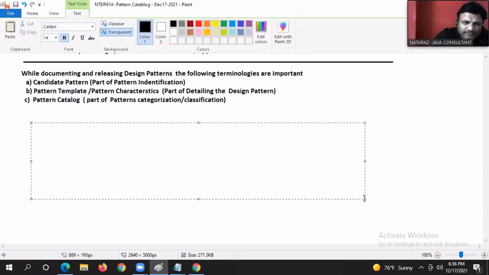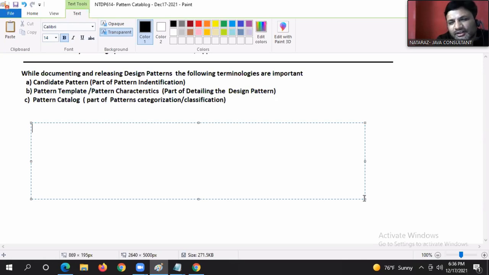Everyone please focus. Forget about Gang of Four patterns, JEE patterns. You are a senior developer. You have a lot of maturity. You decided to document the problems. Okay, you got a problem, you applied the solution, and your solution is working perfectly.